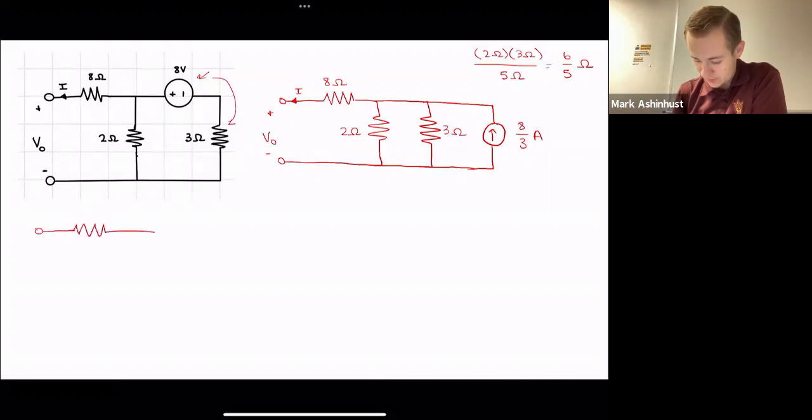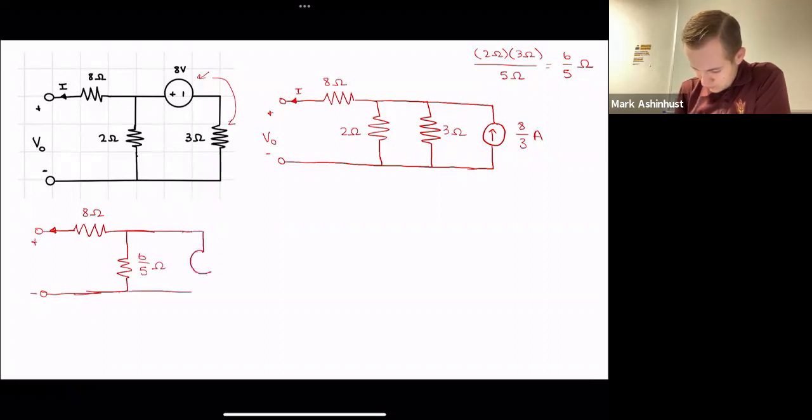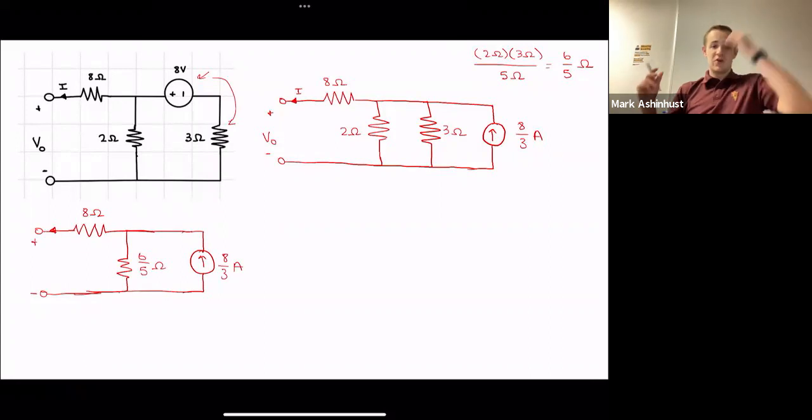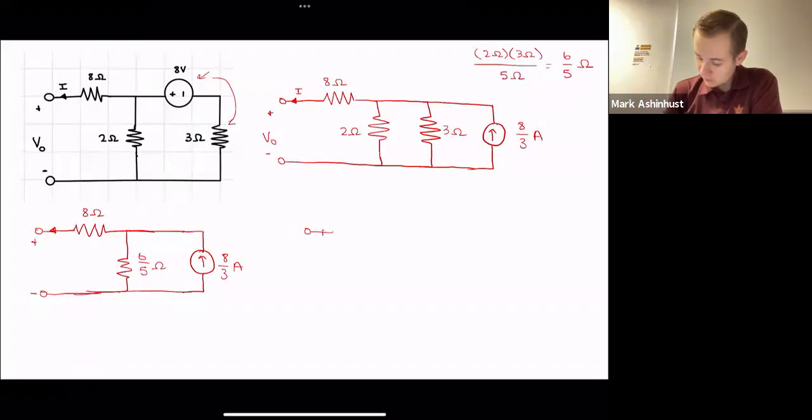And I'll draw that out so we can see it. We have a current source in parallel with the resistance. We can get an equivalent voltage source, and then we'll be left with something very close to our final product.